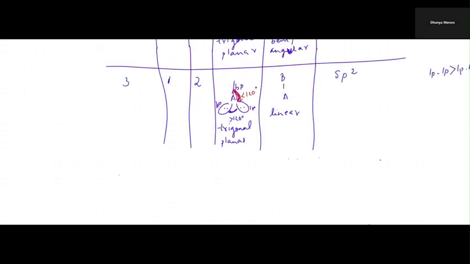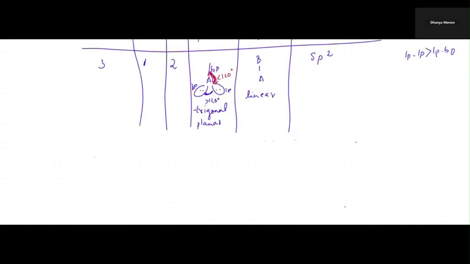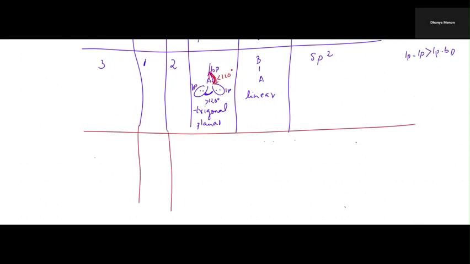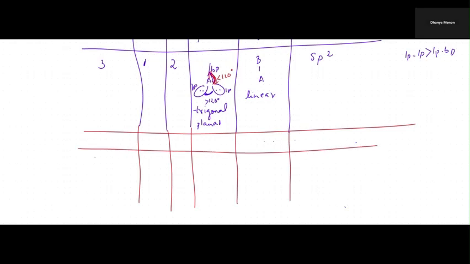Okay, coming to Z value equal to 4. So this is the Z value, this is the bond pair, this is the lone pair, this is the geometry, this is the shape, this is the hybridization.